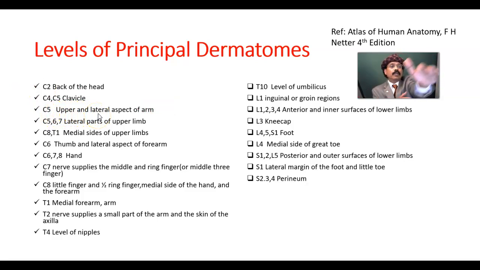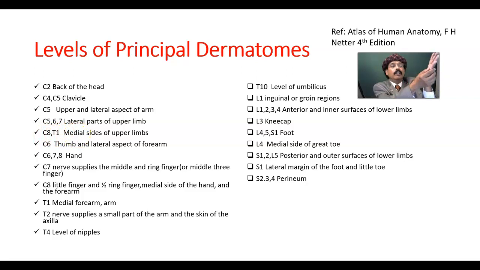You have to remember that in anatomical position, our thumb is lateral. So the upper and lateral aspect of the arm is C5, then C5, C6, C7 for the lateral aspect of the upper limb, that includes the arm and forearm. C8 and T1 are the medial aspect of the upper limb.